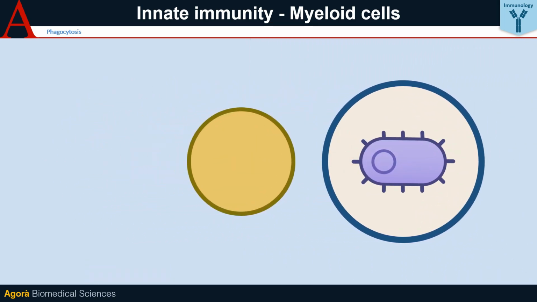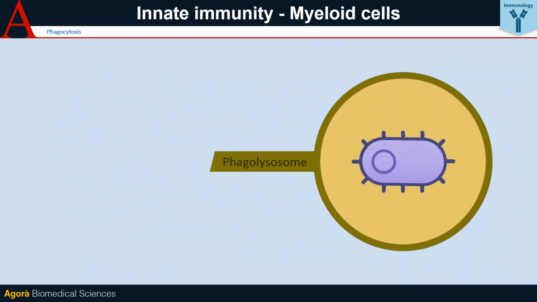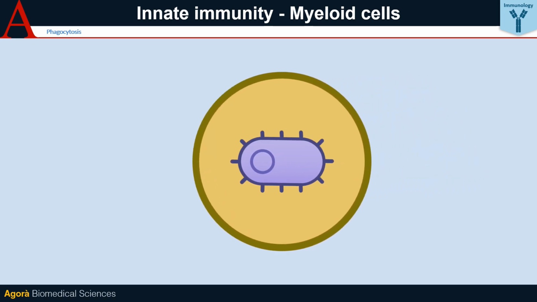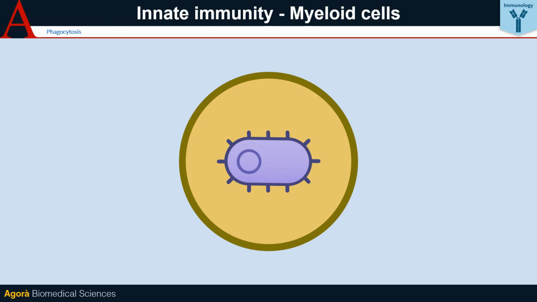The phagosome then comes into contact with lysosomes, which merge with it and form the phagolysosome, a structure which is fundamental for the destruction of the pathogen and the release of antigens that will then be exposed on the cell surface to stimulate adaptive immunity.